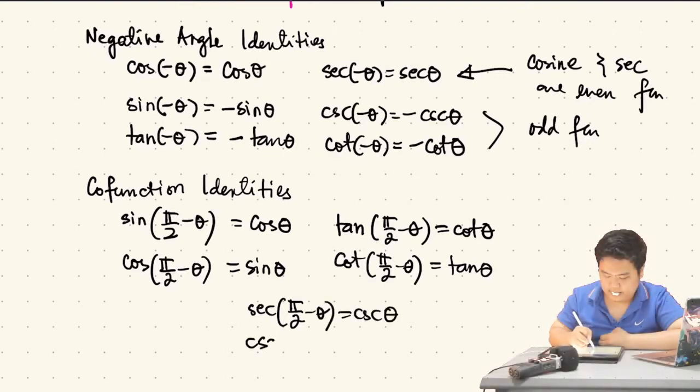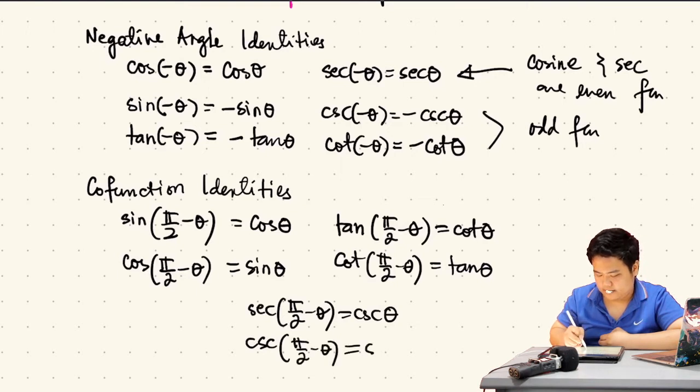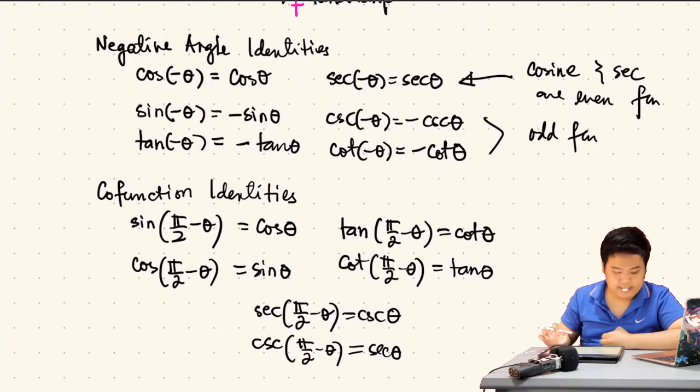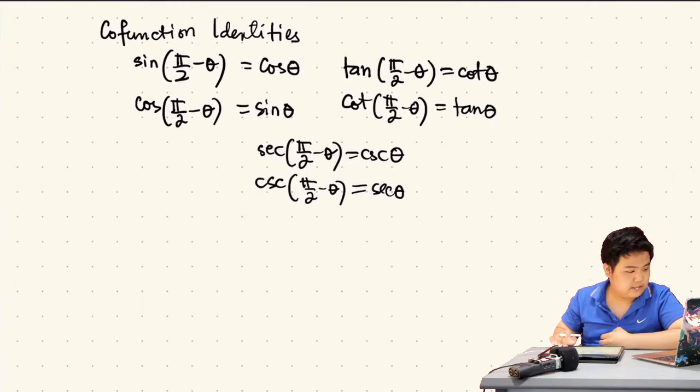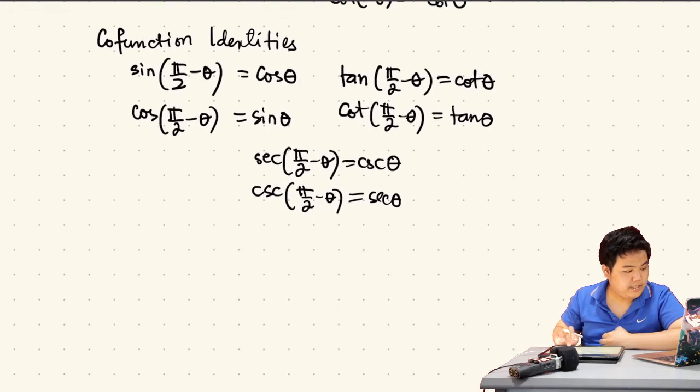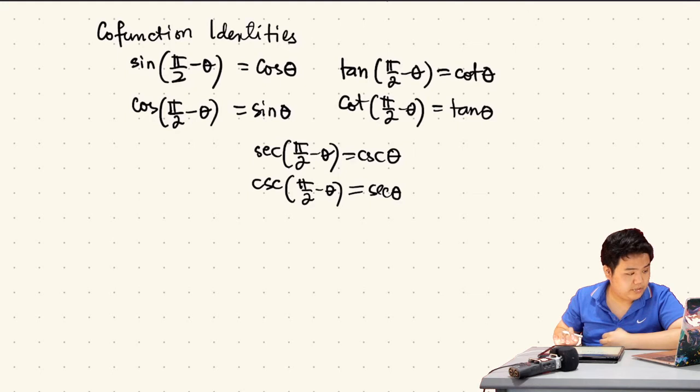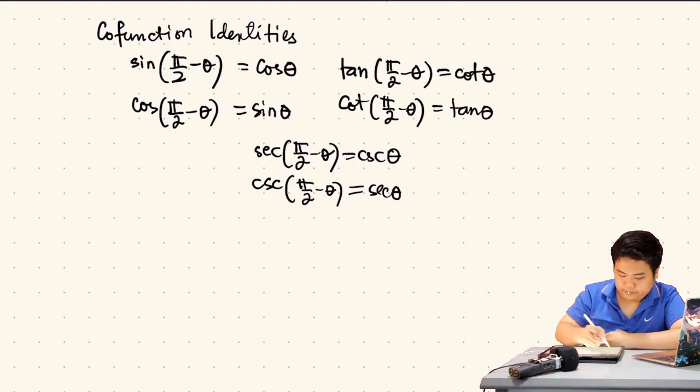Huli, cosecant pi over 2 minus theta is secant theta. Okay, so yan yung negative angle identities and cofunction identities. So, gawa lang tayo ng very quick examples using the cofunction identities. Isang quick example tsaka isang nice to know example.